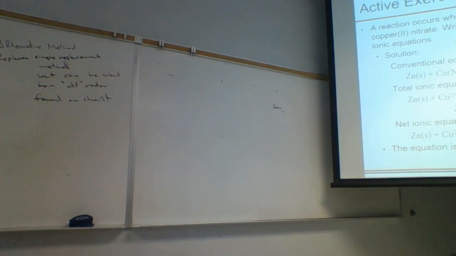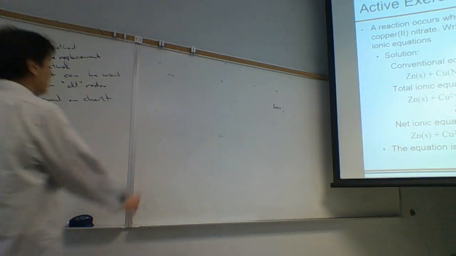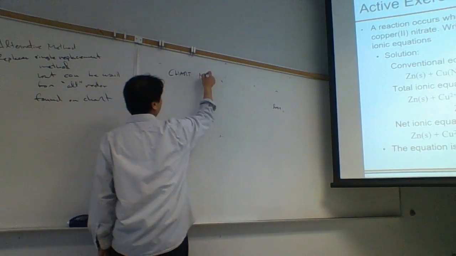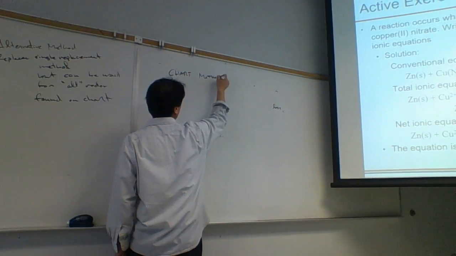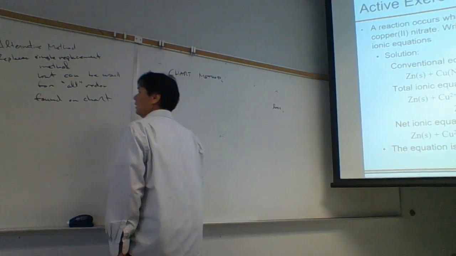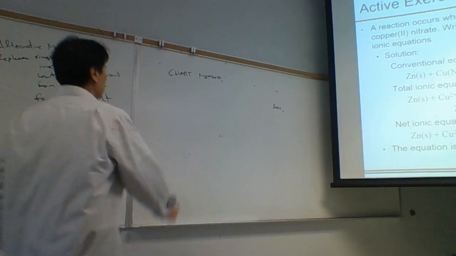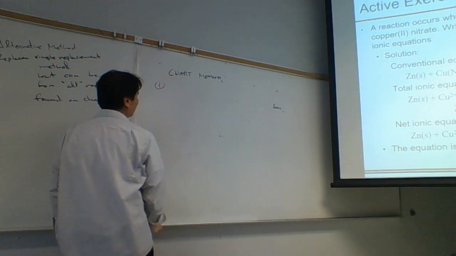It depends on how comprehensive your chart is, too, and then there are other factors that might screw things up. But this alternative method is just the chart method. The chart method is, we use the chart, the redox chart. And so using the redox chart, it breaks it down into some steps.